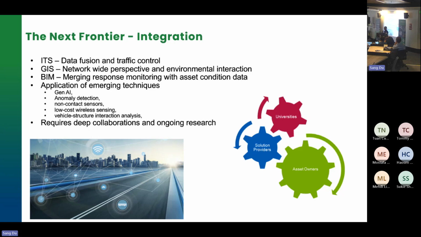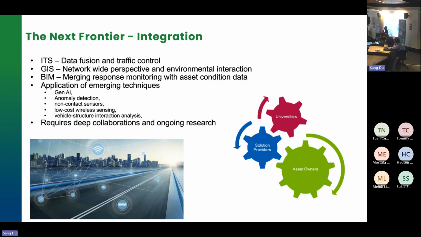As Arash mentioned, it's very simplistic to look at a bridge in isolation. It's about the whole network, and using modern GIS techniques and even surveying techniques, we can really understand how bridges are performing as part of the network, and also how they're interacting with environmental effects like flooding or wind. And the third one, I think, is the integration with building information modeling.